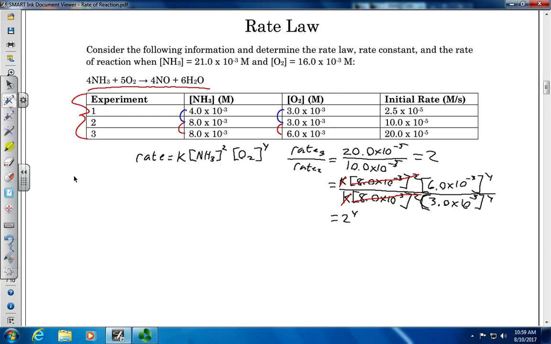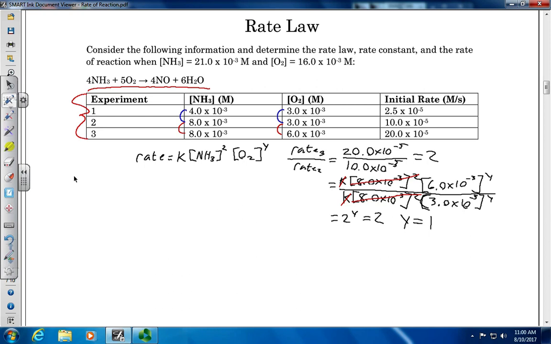And that has to be set equal to 2. Again, this one is really obvious. You can do the changes in logarithms, but we know that any number to the first power is going to be itself. So in this case, y is equal to 1.